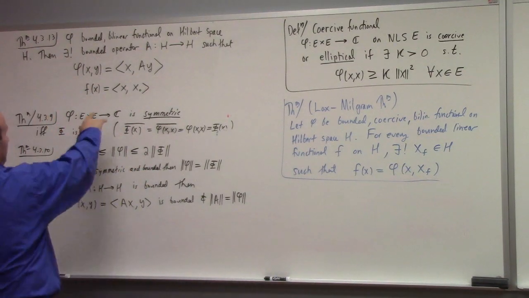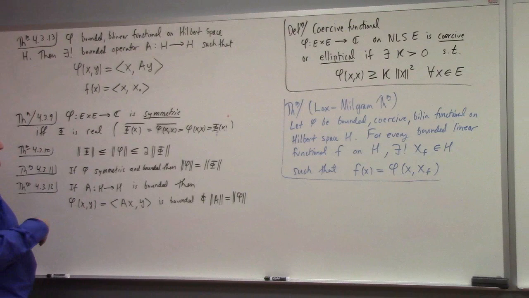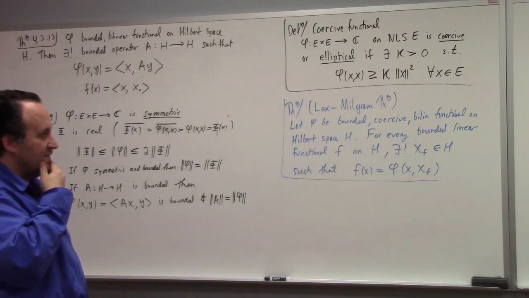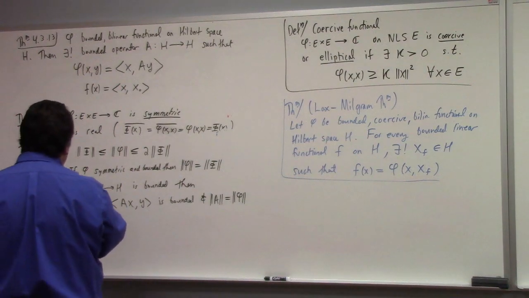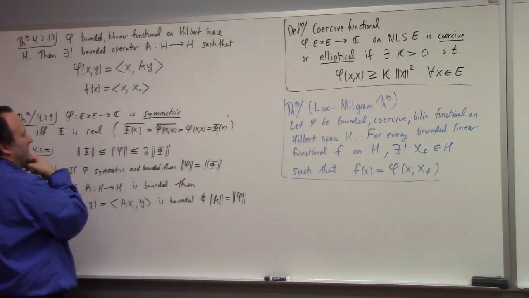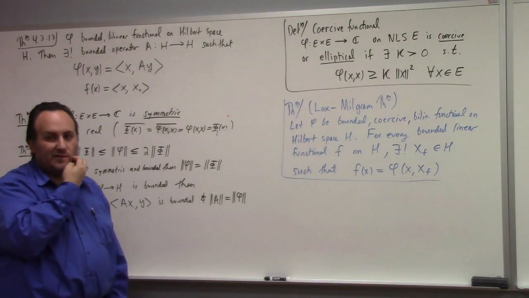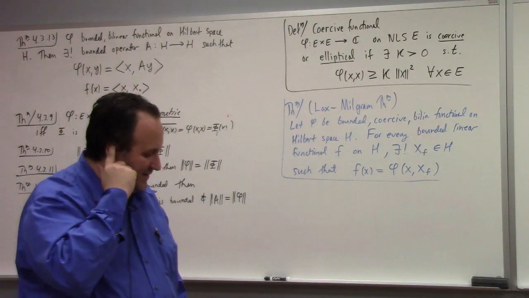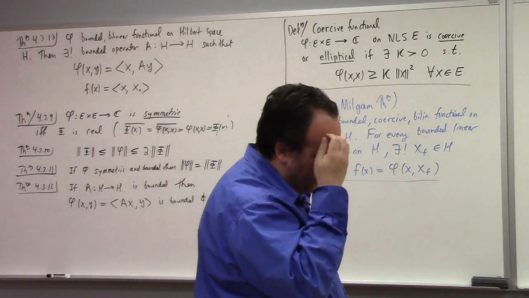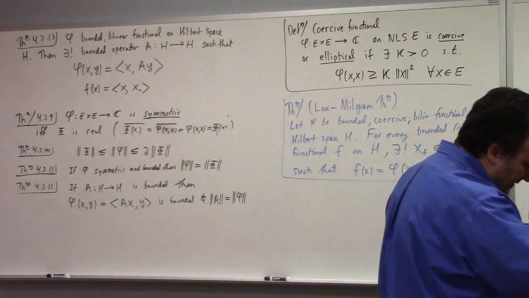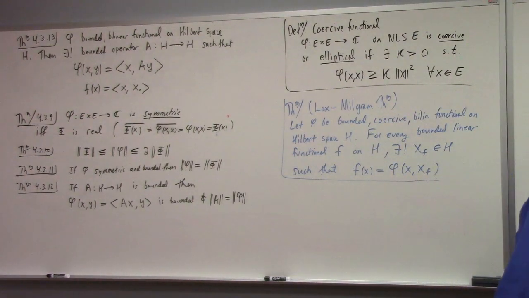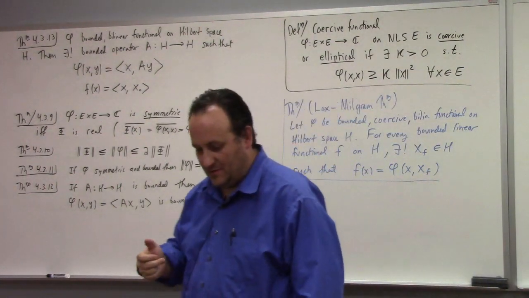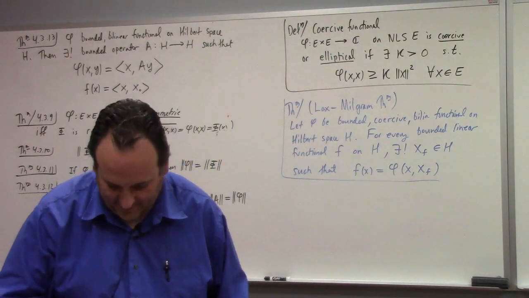Think of x naught being your x_f. And I do think there were terms and conditions I keep forgetting to mention, but that's for a bounded linear functional. Because if you took an unbounded linear functional and assumed such a vector existed, I think that would imply that the linear functional was bounded, and then you'd be in trouble. If it's unbounded and then you can prove it's bounded, well, that's problematic, right?